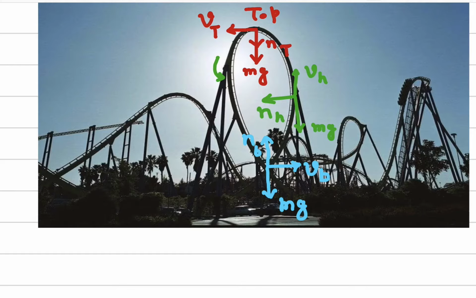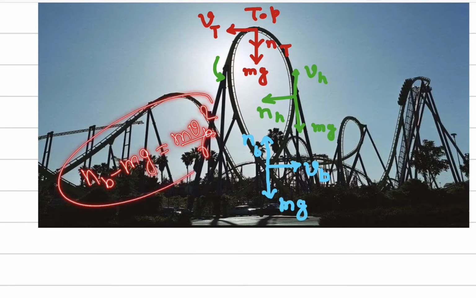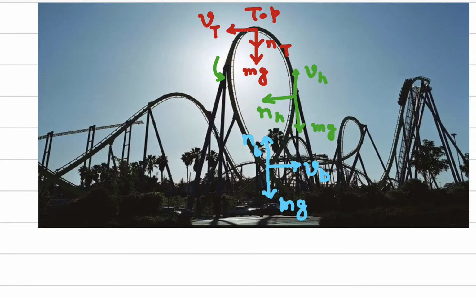In this case, the required centripetal force is provided by again Nb, the normal force, and mg, but the normal force and the weight this time are acting in two opposite directions. So Nb minus mg provides the centripetal force. The negative sign simply stands for the weight being in the downward direction. So let's write it down here.